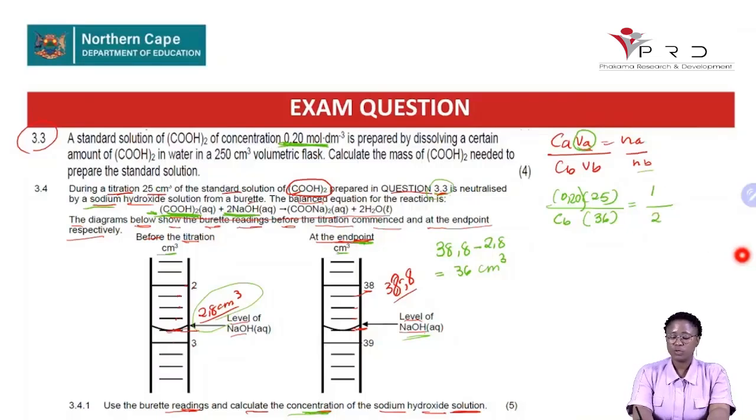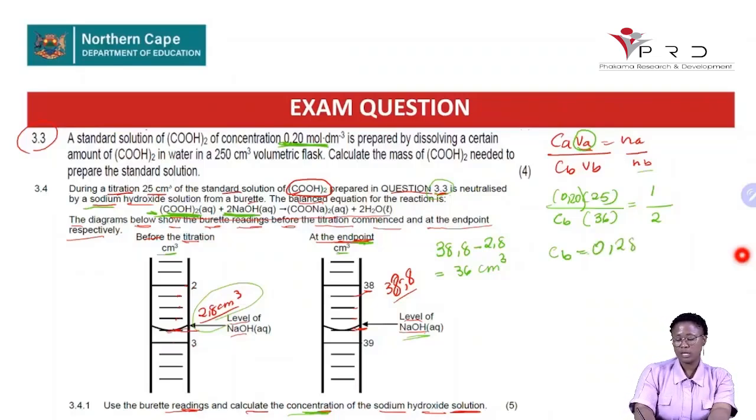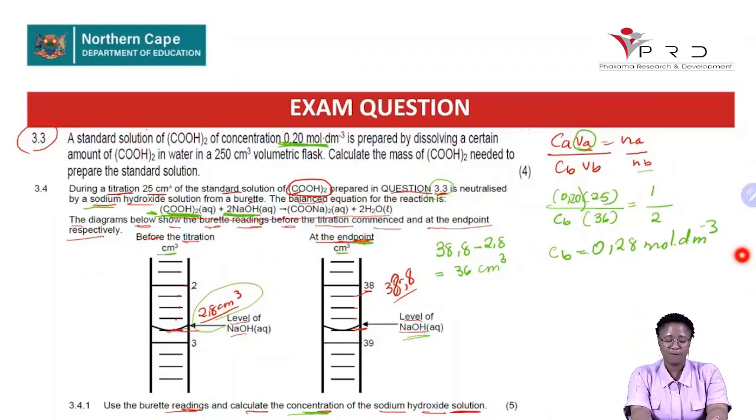So that will be 1:2. And then quickly punch into your calculator, and let's see how much we land as the concentration of the sodium hydroxide, or the concentration of the base. If you have done it correctly, your answer should be 0.28 moles per decimeter cubed. So that is the correct answer for the question.